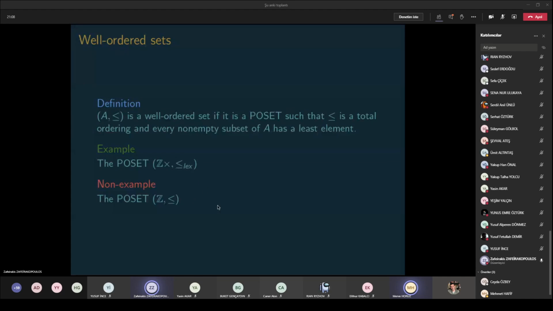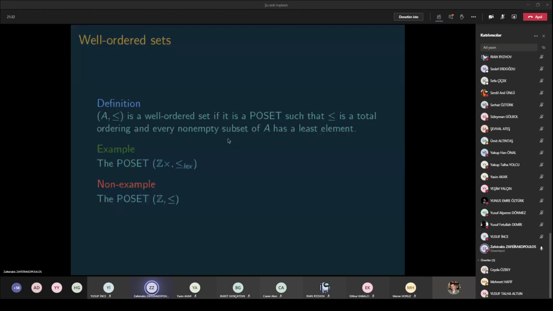But wait. Here the definition is a bit more complicated. This is why I wanted to discuss this a bit more. This is important for induction, by the way. The definition says that every non-empty subset of A has a least element. So in the two sets, you pick a subset with two elements, right?